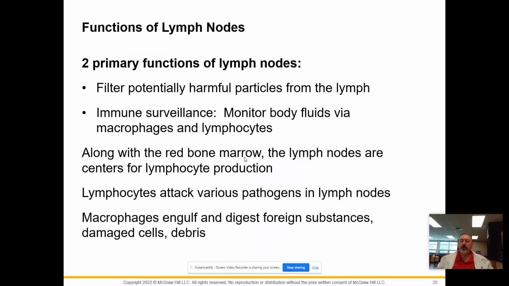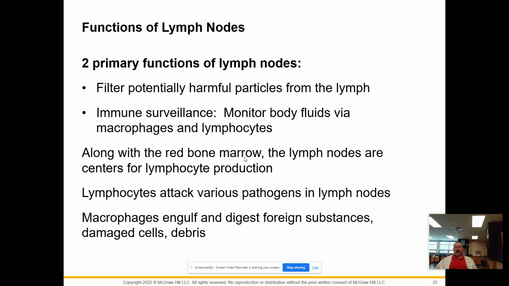All right, so two primary functions of lymph nodes. It's to filter out potentially harmful particles in the lymph, like those viruses, bacteria, or even debris, parasitic cells. Also, immune surveillance. So, until now, we really haven't had much of a conversation about immunity. This is going to be monitoring the fluids of our body, and they're going to do this using macrophages and lymphocytes.